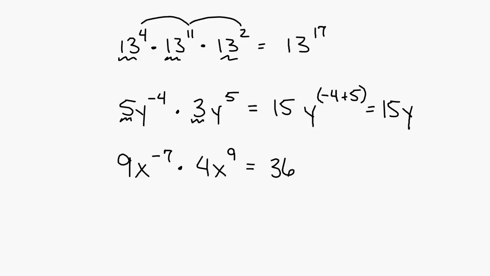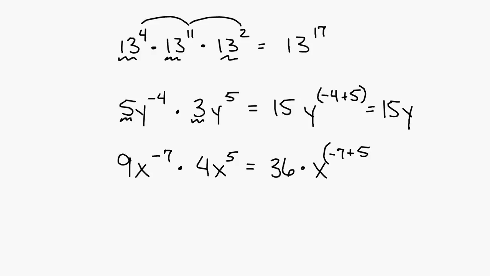You've got an x to the negative 7th times an x to the 9th. That's going to be x to the negative 7 plus 9. And I tell you what, change this x to the 9th right here, please, to an x to the 5th. And then we're going to change it right here as negative 7 plus 5.